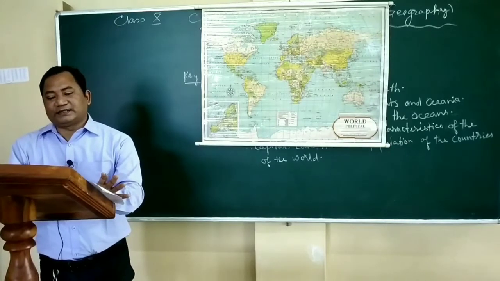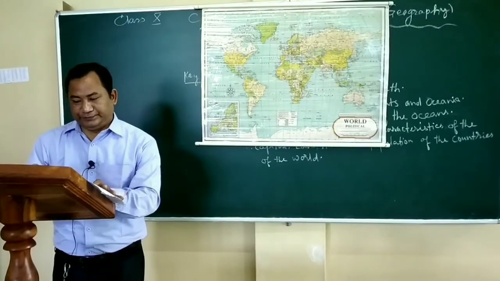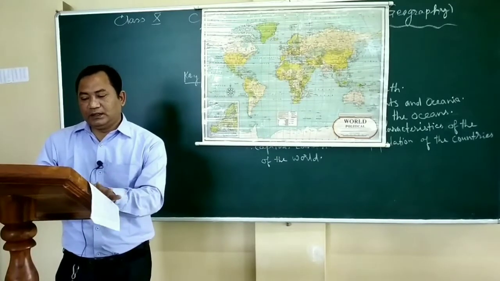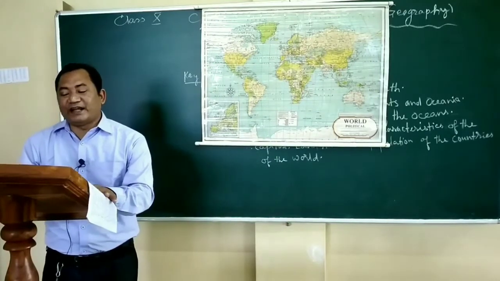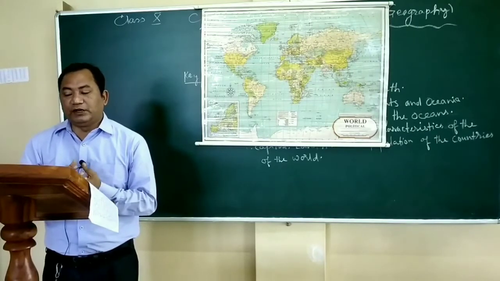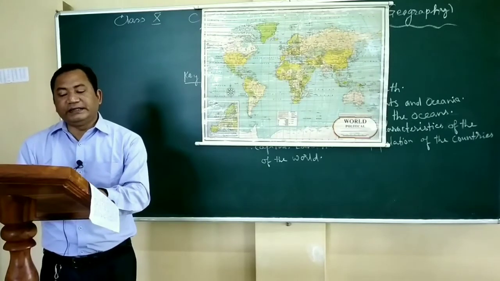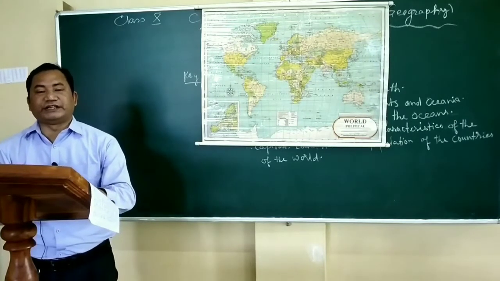Now let us discuss about the Atlantic Ocean. It has an area of about 82 million square kilometers, and it is the second largest ocean in the world.